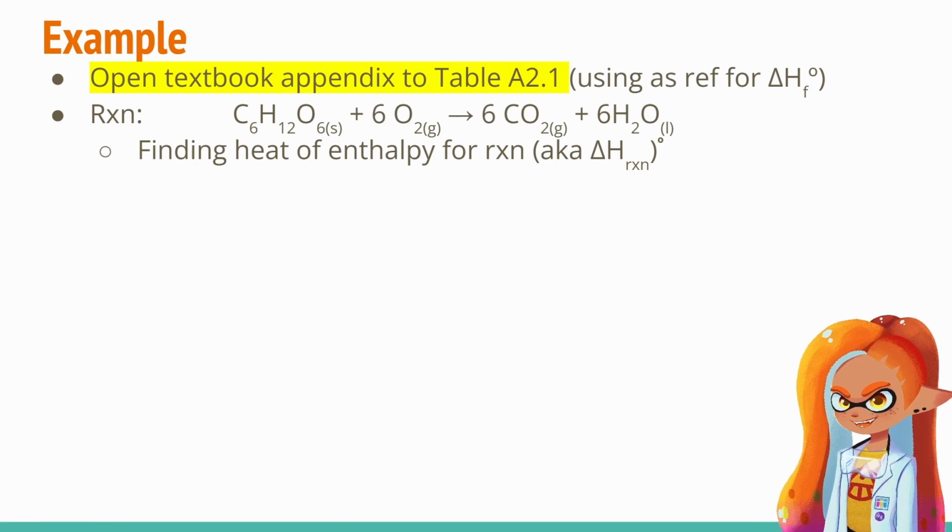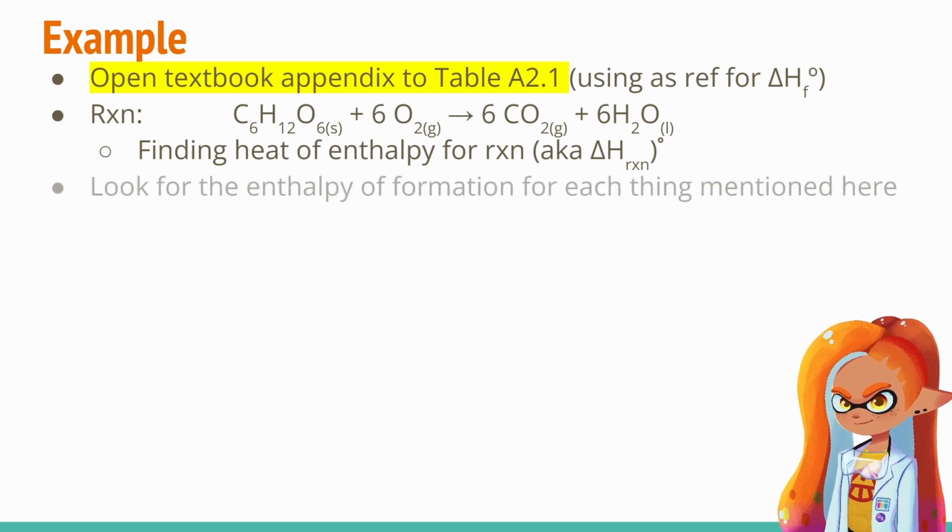Now, sometimes they don't put the element equaling 0. You have to know that by heart, but sometimes they do, sometimes they don't. I've seen it both, so keep that in mind. Okay, so in that reaction, we need to look up the delta HF for every single substance that's there.